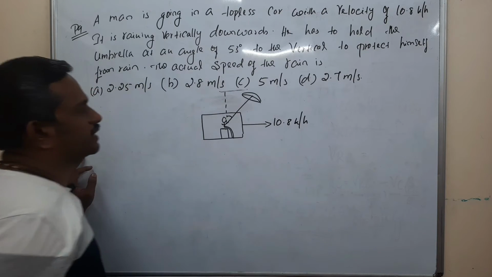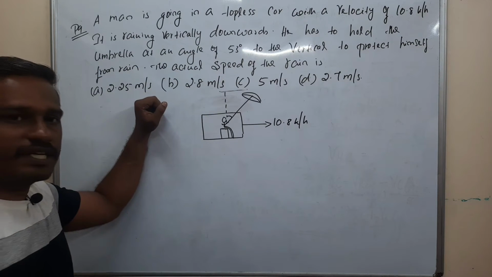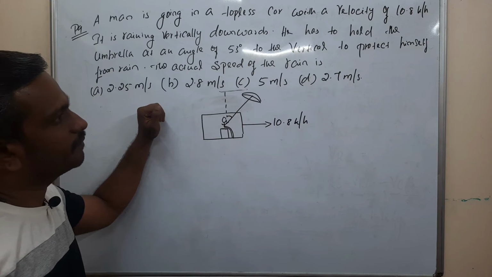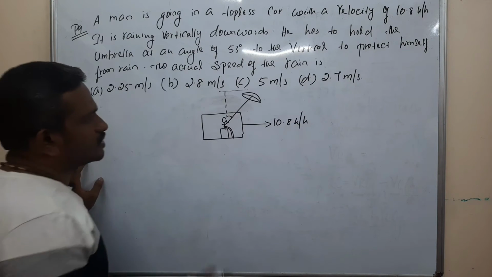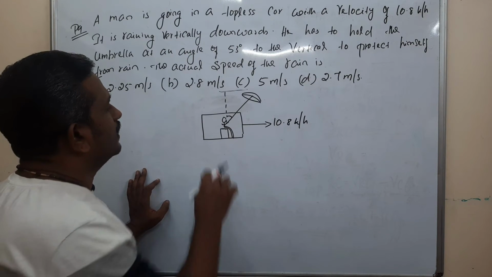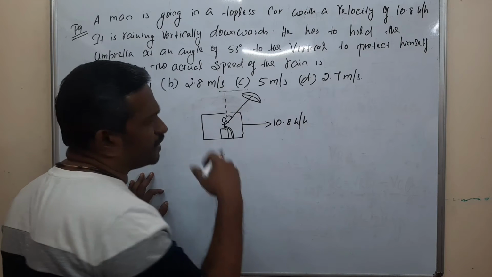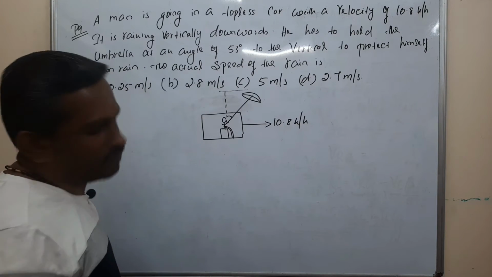This angle is 53 degrees. That means the rain comes at an angle of 53 degrees to the vertical, so he holds the umbrella to protect himself from the rain. The actual speed of the rain means the velocity of the rain with respect to the ground, which we have to find.